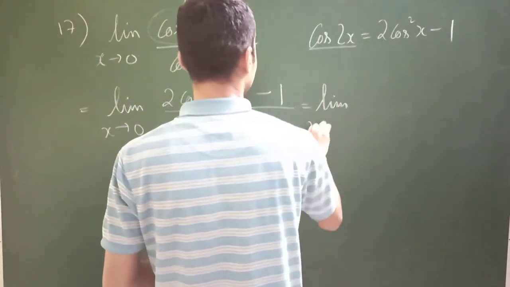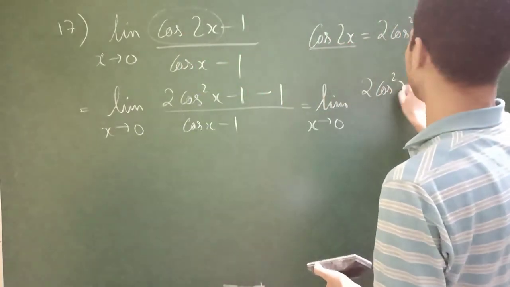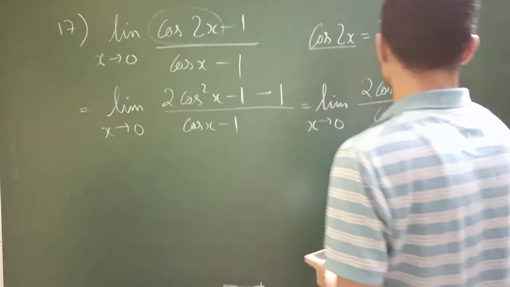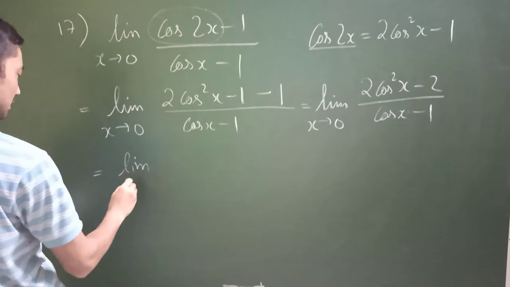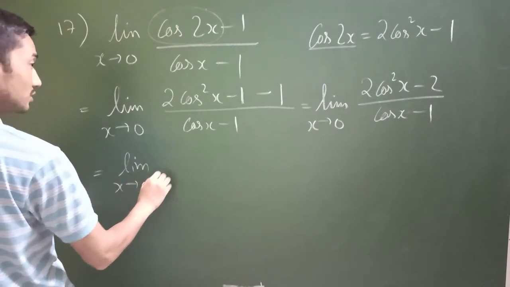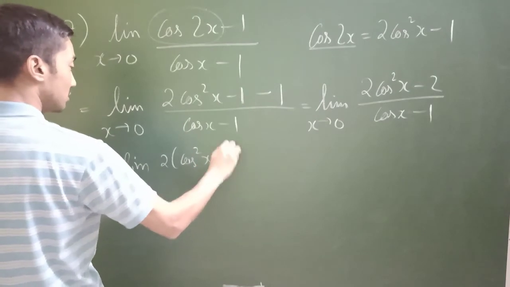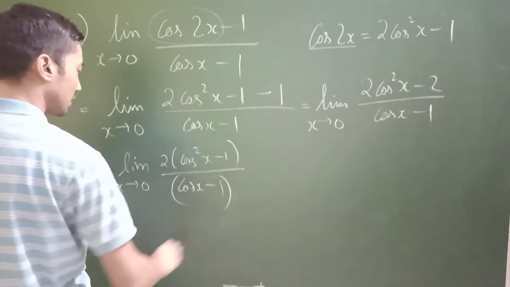So I'll just continue here. That's going to be limiting value as x tends to 0, 2 cos square x minus 2 by cos x minus 1. Fine. So that's going to be limit as x tends to 0, 2 common. So that will be 2 times cos square x minus 1 over cos x minus 1.